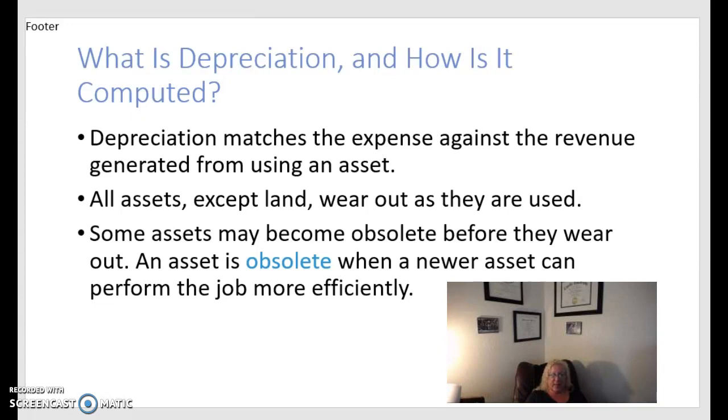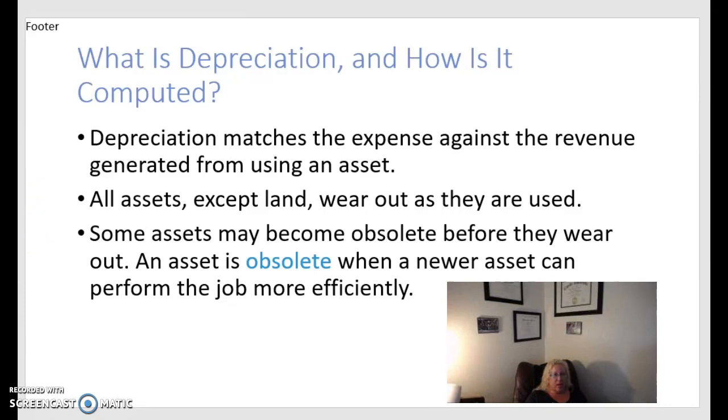All assets except land wear out as they are used. In addition, some physical factors like age and weather can cause depreciation of assets. Some assets, like computers or software, may be obsolete before they wear out. An asset is considered obsolete when a newer asset can perform the job more efficiently than the old.